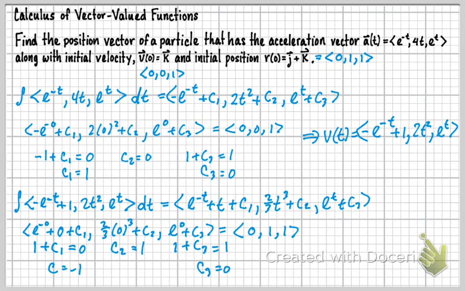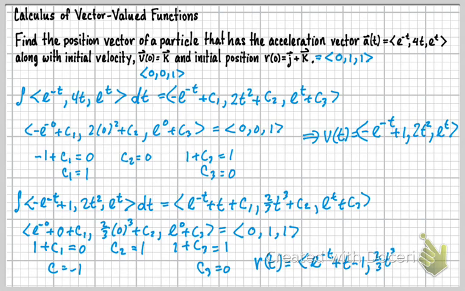So that tells me then my r(t), and that's what I needed to find, is going to equal e to the negative t plus t. Oops, I was going to write plus 1, but it's minus 1, comma, and then 2/3 t cubed. Let me fix my 3 there.